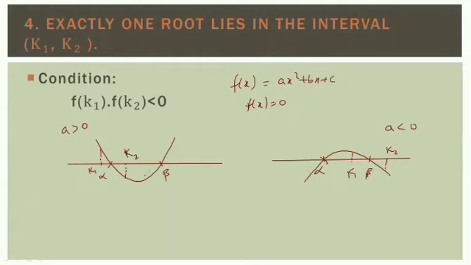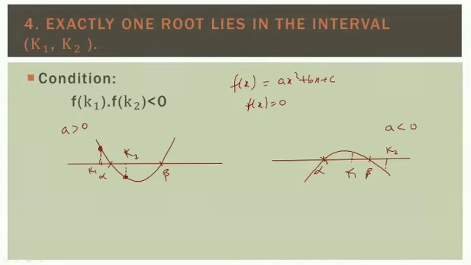Okay, so now let's see the condition. We can easily see that the function takes the value f of k1 at k1 and f of k2 at k2, and the signs of these two values are opposite. If f of k1 is positive, f of k2 is negative.